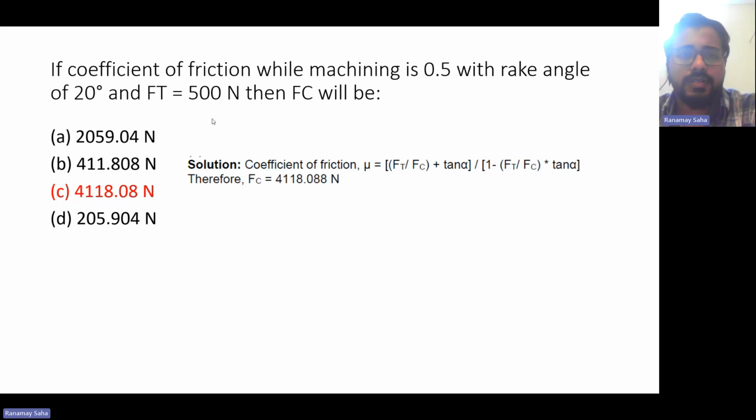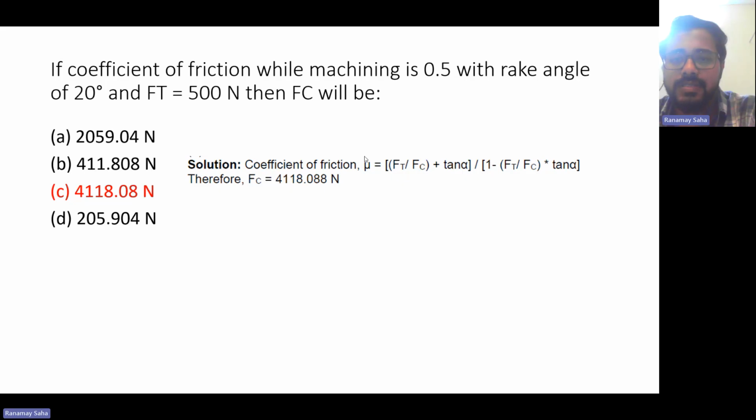Then if the coefficient of friction while machining is 0.5 with a rake angle of 20 degrees and thrust force is 500 Newton, you have to find the cutting force Fc. The coefficient of friction is given by the ratio of friction force to normal force, right?